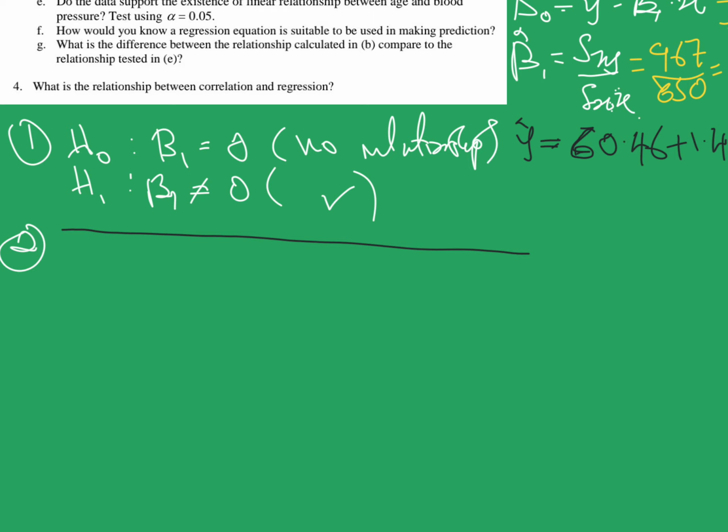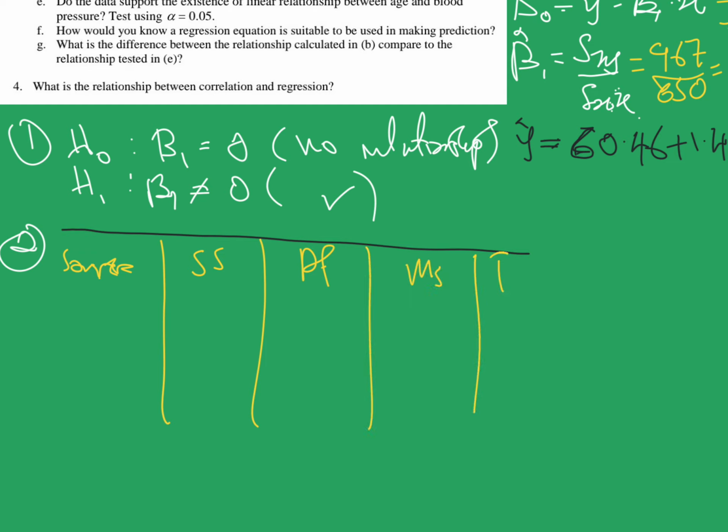So we are going to have the column of source, the column of SS, sum of square, and then DF for degree of freedom, and then MS for mean square, and then F, which is the value that we want to find out.